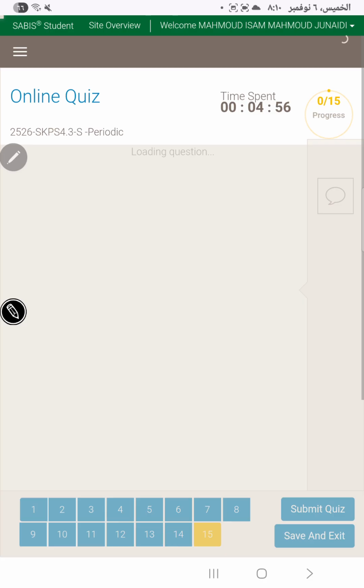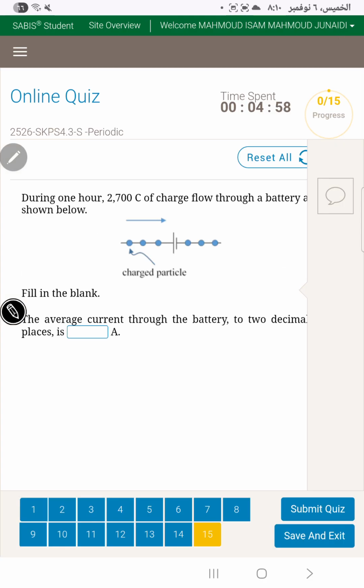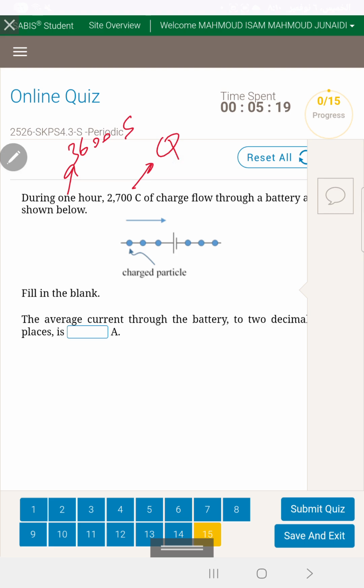Now, question number 15 is the last question. During 1 hour of charge, 2700 coulombs of charge flow through a battery. The average current through the battery into 2 decimal places, what is it? Okay, here during 1 hour means the time given to us as 3600 seconds, and quantity of charge is given to us as 2700 coulomb.